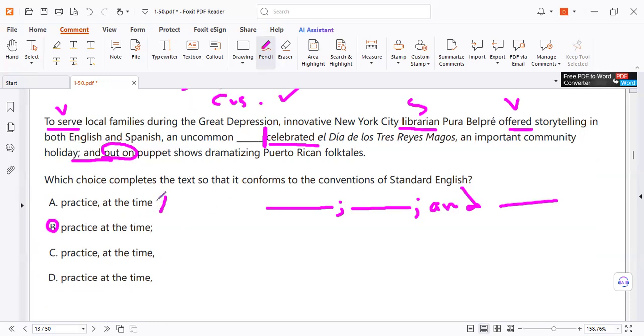Look at the end: no semicolon, semicolon, no semicolon, no semicolon. So it's a list using semicolons. As I told you, a semicolon can be used in a list if we have commas between the semicolons. Already have a comma here? Comma there? Yes. That's fine.